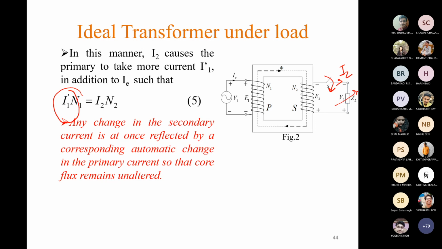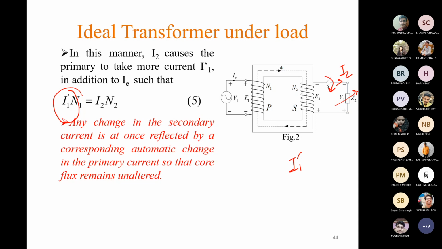So as soon as there is a change in the secondary current, there will be some reflection of this change on the primary side. That means the value of I1 dash will also change at the same moment. So when the load impedance value changes, I2 will change and its reflection will be a change in the I1 dash. So the total primary current will change.